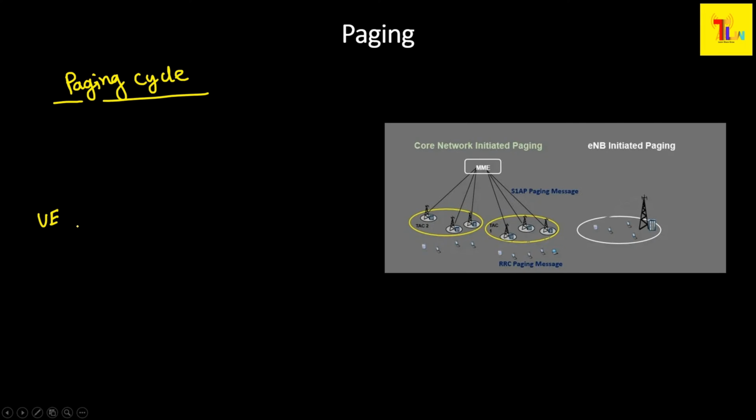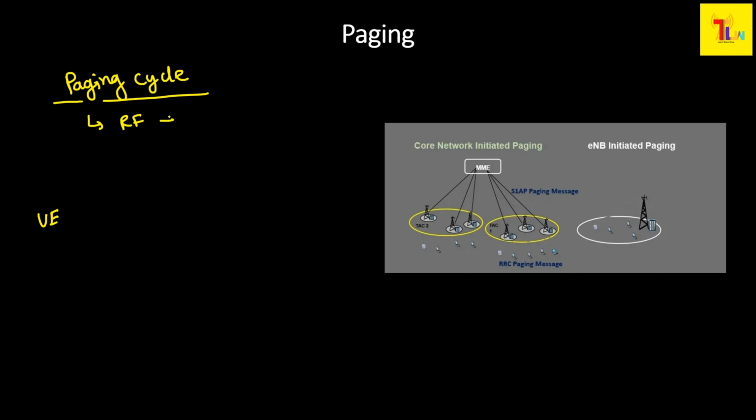One thing: the paging cycle is always measured in radio frames, and we can have a lot of paging cycle values in terms of radio frames.